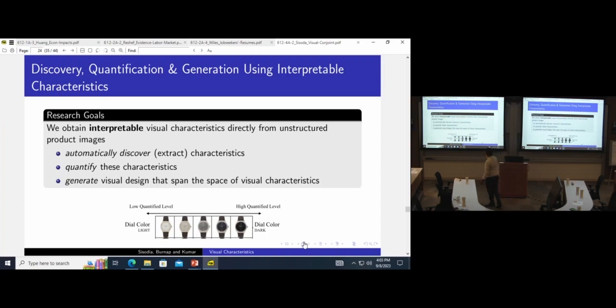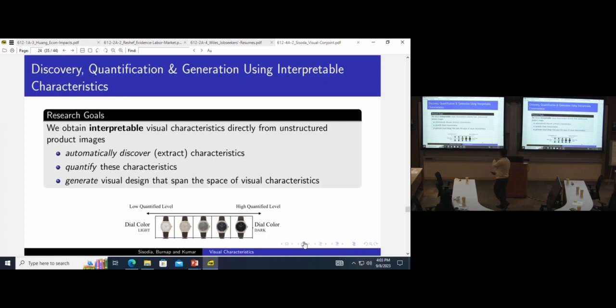You will already see on the row that I'm showing you at the bottom that I am changing a visual characteristic, and I am also able to generate a different watch. Essentially, because this is an encoder-decoder model, it's able to decode images from those visual characteristics.